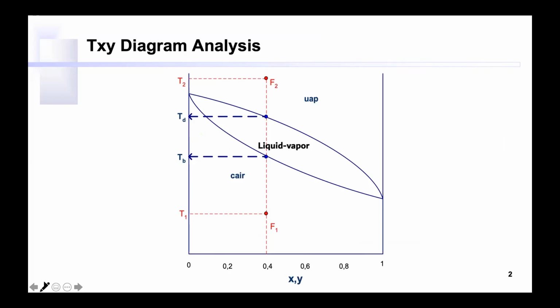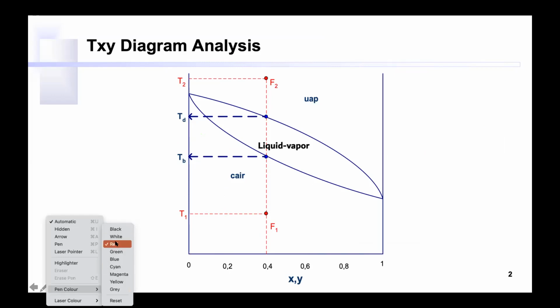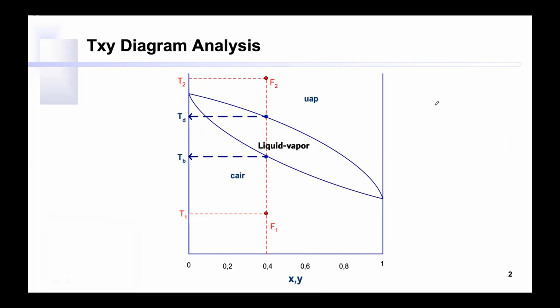So maybe I can make some sort of box. I have a feed 1. I have the feed 2. This is the vapor.